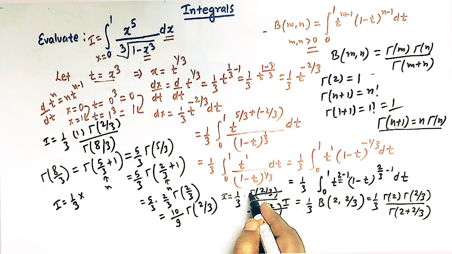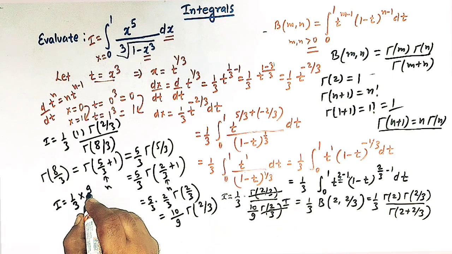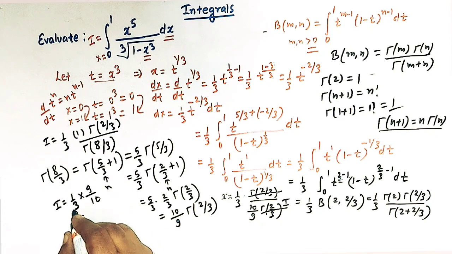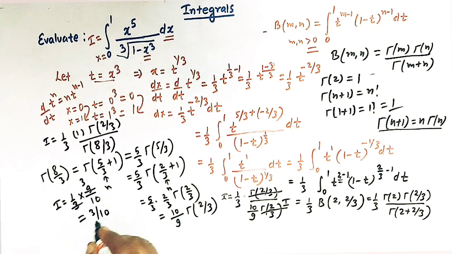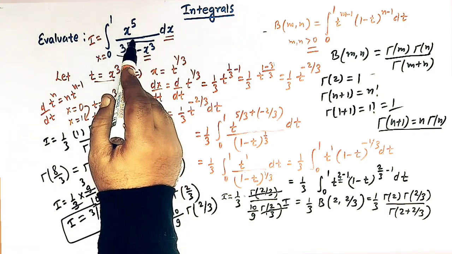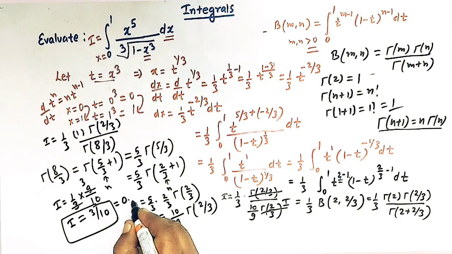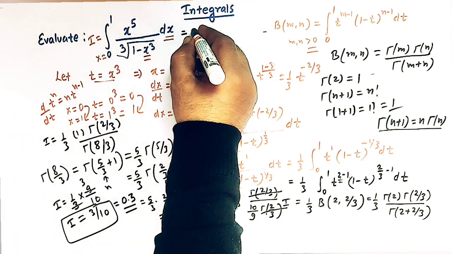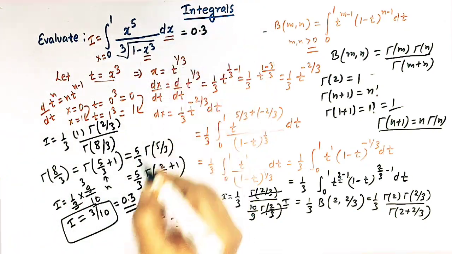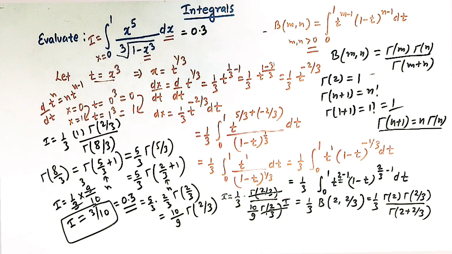So taking 9 to the numerator, we have 9 over 10. So this is 3 times 3 is 9, that is 3 over 10. So viewers, the value of this integral I is equal to 3 over 10, which can also be written as 0.3. So the value of this integral is 0.3 or 3 over 10.